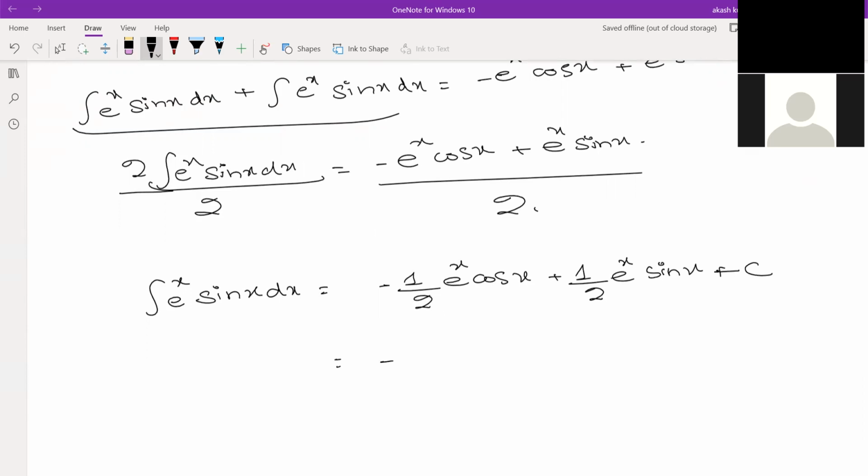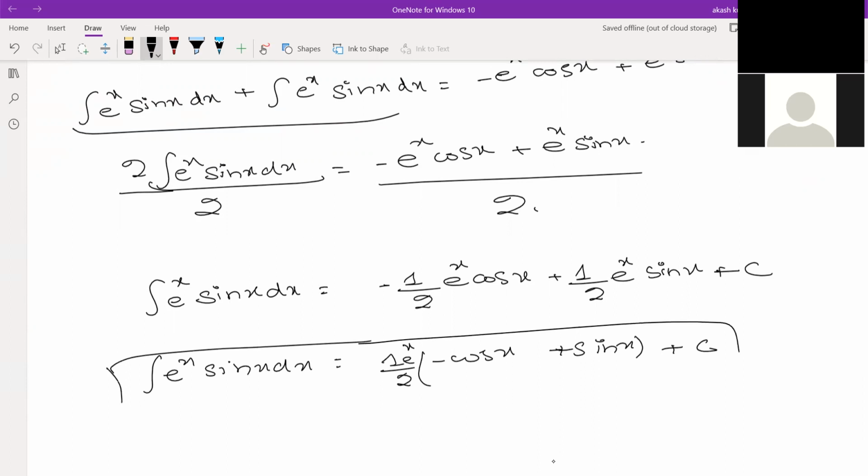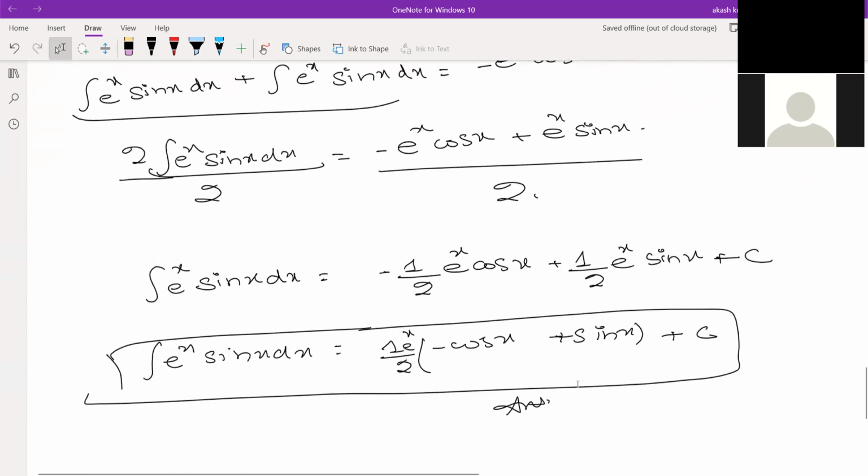We can further simplify it by taking half e^x common. So inside is left minus cos x plus sine x, plus c. That's the answer. Is it clear? We cannot simplify this further, right? No, we can't.